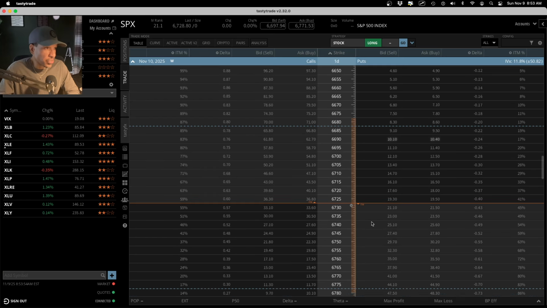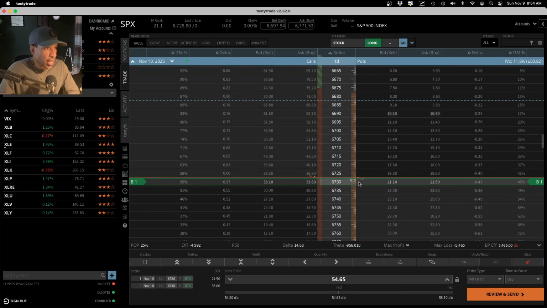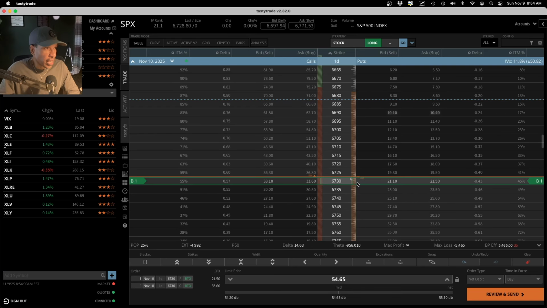Well, essentially it's relatively easy. I just look at the cost of a straddle. So a straddle, essentially you go on the put side and also the call side, and you are placing a long option over the price of SPX on the put side as well as the call side.